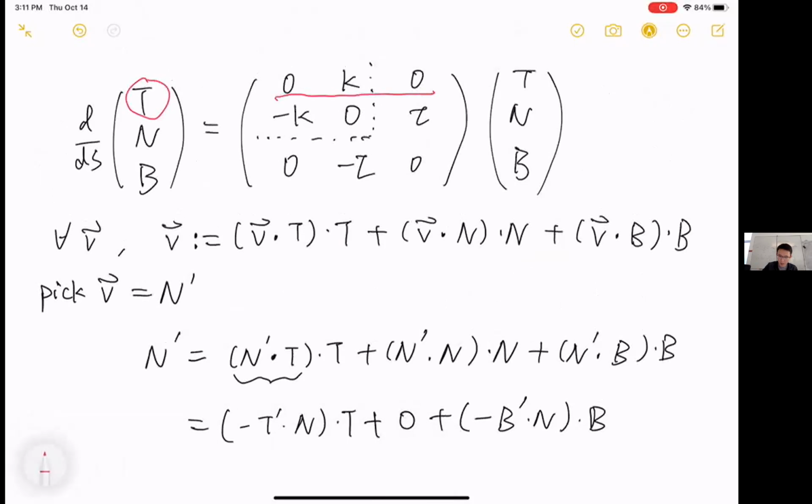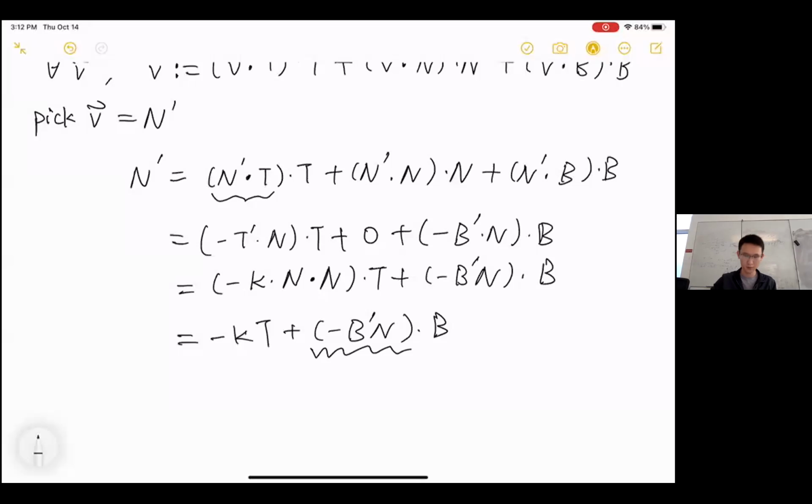When we're calculating T prime, we see that it is just okay. Let's continue then.